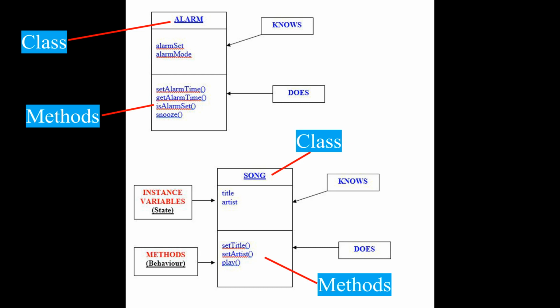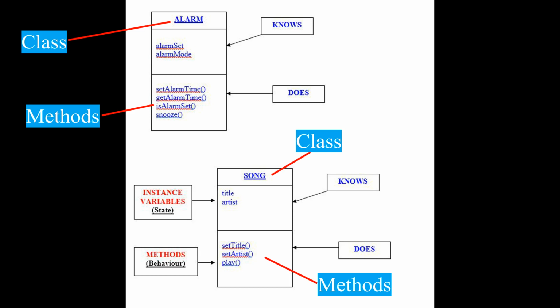So for example, we might have a class called alarm, and that class may well have methods that allow us to set the alarm time, maybe get the alarm time that's already been set, or allow us to snooze the alarm. So these might be typical behaviors of this class.